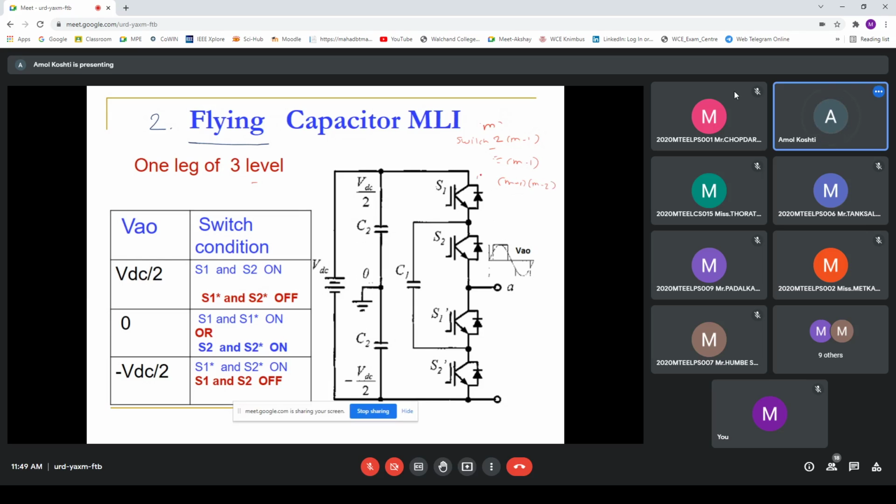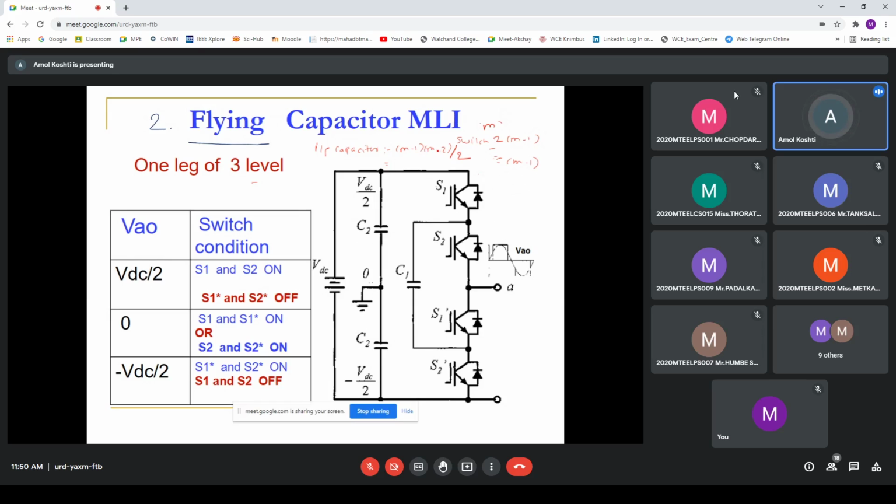I will write it here: for the flying capacitor, we have the formula M minus 1 into M minus 2. It was that in the diode clamp; here it is divided by 2. So here 3 minus 1 is 2, and 3 minus 2 is 1.